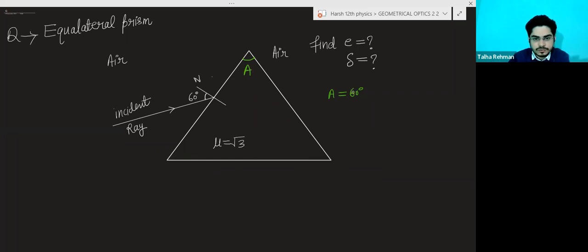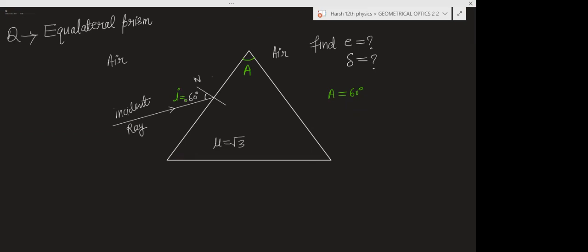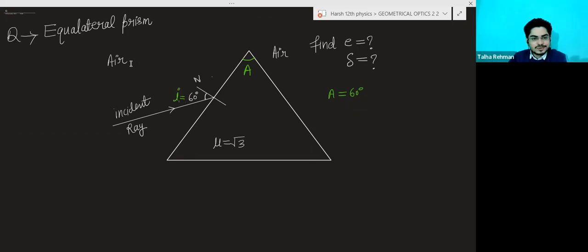Okay, so now this is the incident ray, and the angle of incidence is given. Your internet is fine now, I think. Okay. So we have to find E, the angle of emergence, and the angle of deviation.